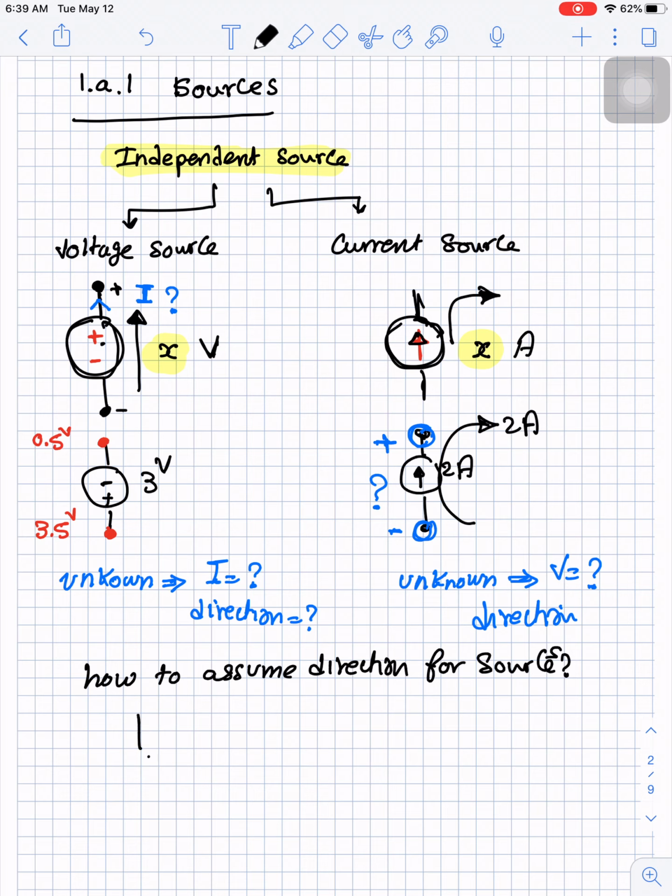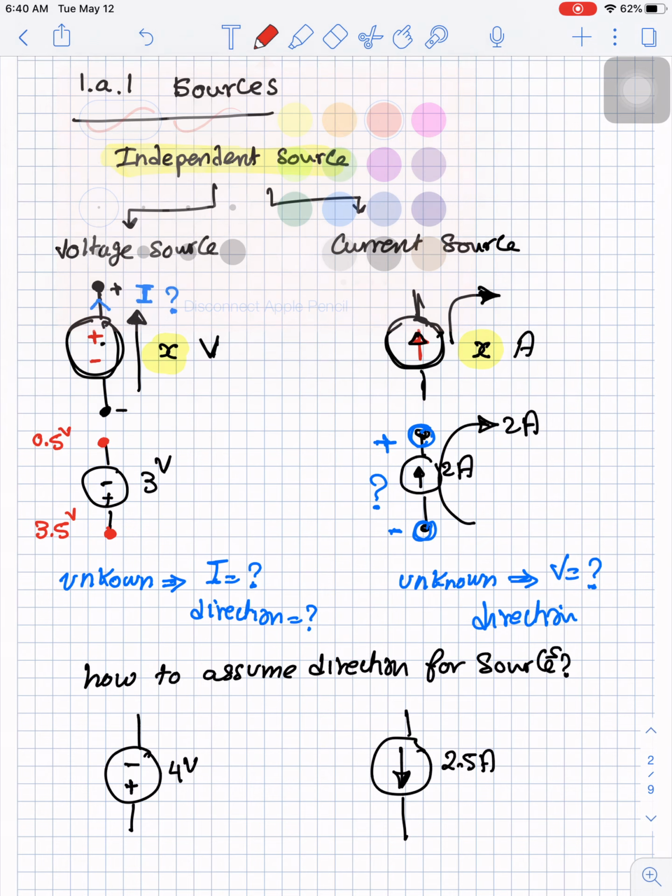So say we have a voltage source, and this voltage source has negative and positive, or we have a current source, and this current source has a current going in this direction. And this voltage source is 4 volt, and this current source is 2.5 ampere. So what will be the unknown for the voltage source? The unknown will be the current, and this current is unknown as a direction and as a value.